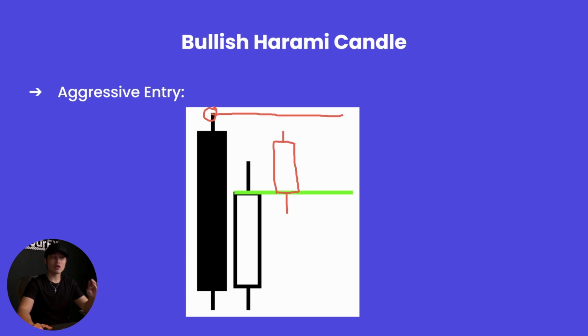That's why I call it the aggressive entry. I am a more conservative guy, but if you are an aggressive trader, you can take this entry point as your entry technique.